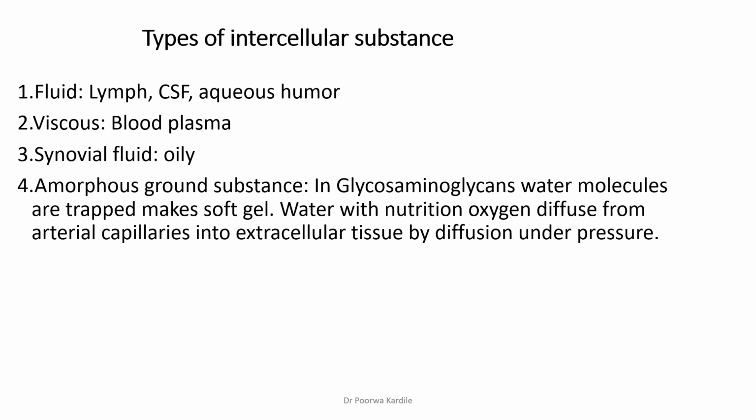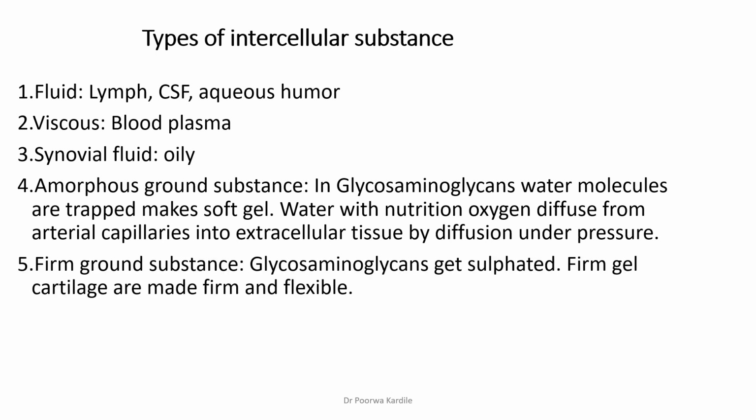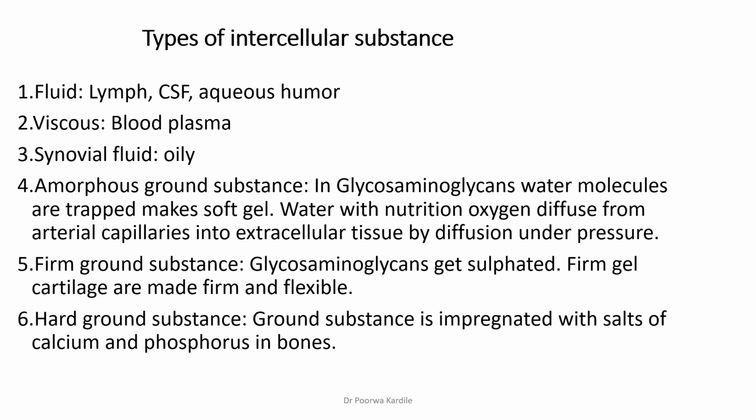The glycosaminoglycans have the property of trapping water molecules, which gives it a gel-like appearance or consistency. And then it can be firm like in cartilage, or hard like in bones. In bones, the intercellular substance is hard because there is impregnation of inorganic salts like calcium and phosphorus.